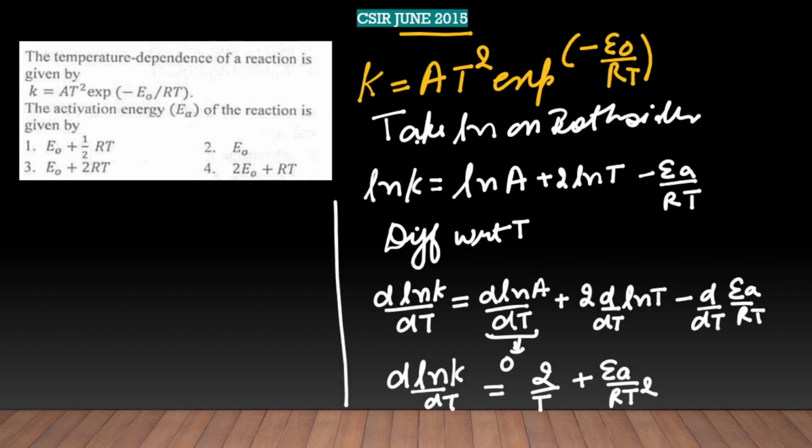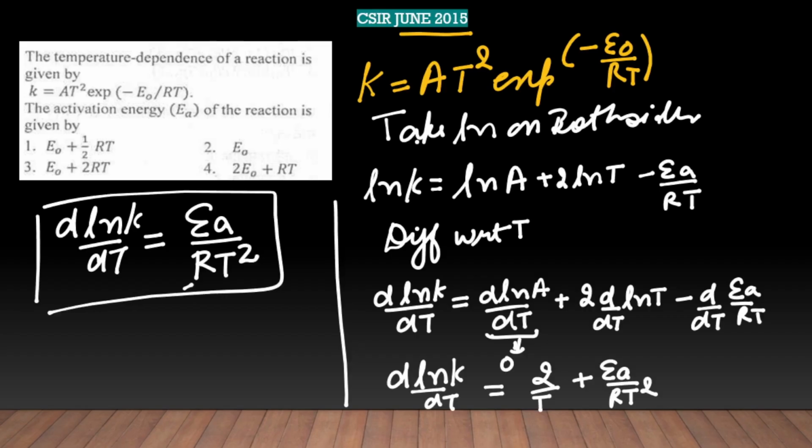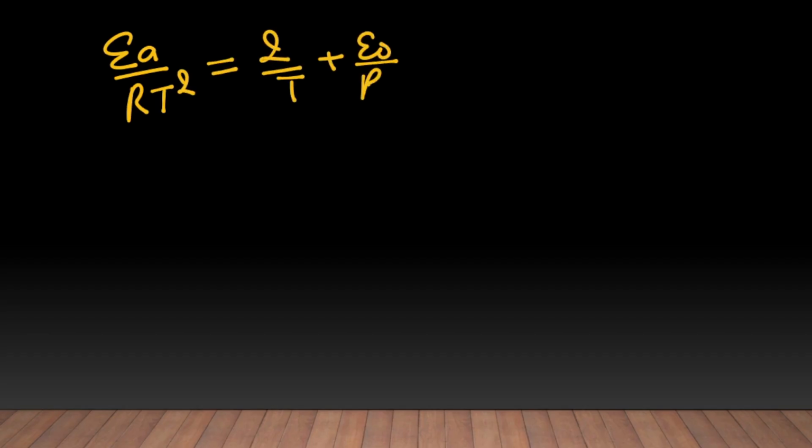Next, we know that d ln k by dT, from the Van 't Hoff equation, is equal to Ea upon RT square. So use this relationship and substitute it into the equation that you have got. We will get Ea upon RT square equal to 2 by T plus E naught upon RT square, right?